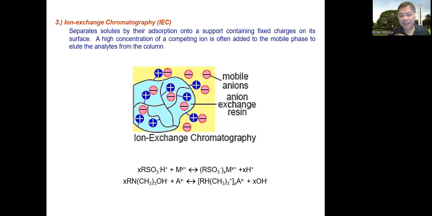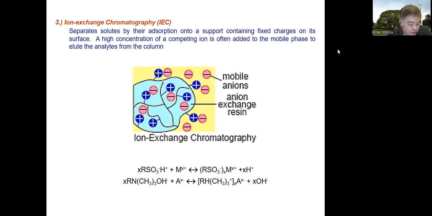The rest, shorten ko na lang, because they were already discussed in the recorded lecture. So the other thing that we have is ion exchange chromatography. If you have an ion exchange, you can have the cation in the solid support or the anion in the solid support. And the interaction that they have is the charge. Opposite charges attract.